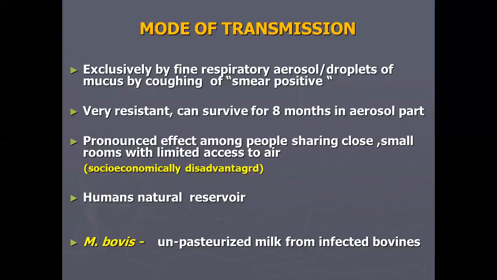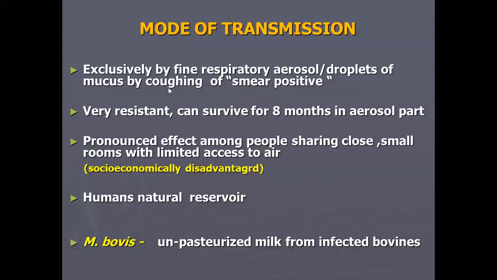Smear positive individuals are those patients from whom we take a sputum, treat it with potassium hydroxide, make a smear, stain it, and see an adequate number of microorganisms on the slide. We call it a smear positive. So smear positive individuals are the main source of spread of infection.